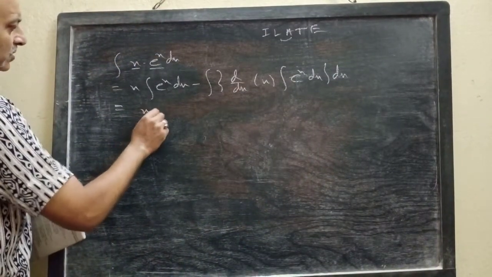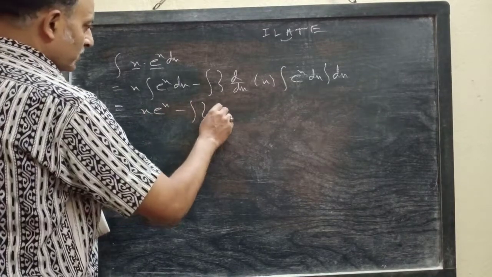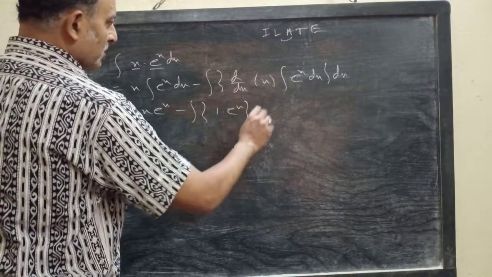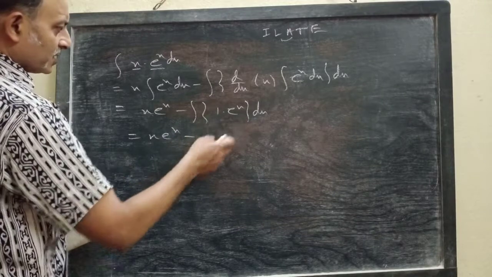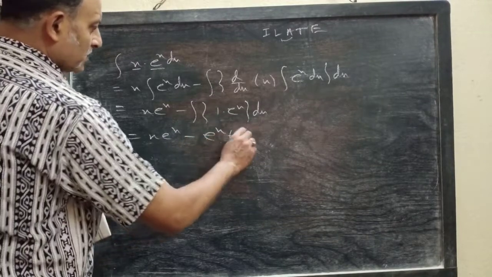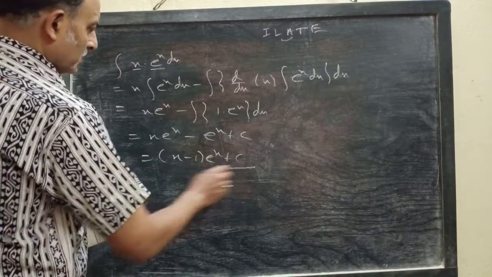This is e to the power x, so this will be x e to the power x minus integration, derivative of x is 1, e to the power x dx. X e to the power x, the integral of e to the power x is e to the power x, plus c. So you can write the answer as this. This is your answer.